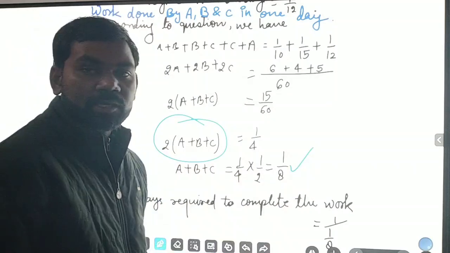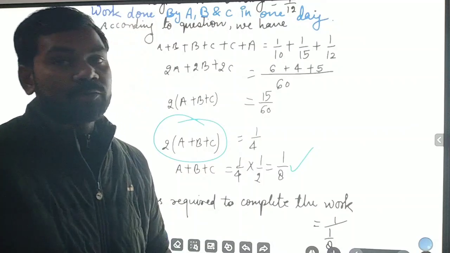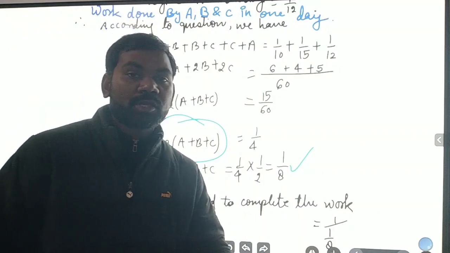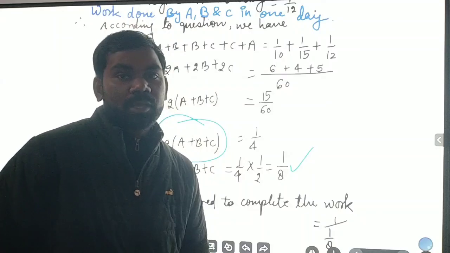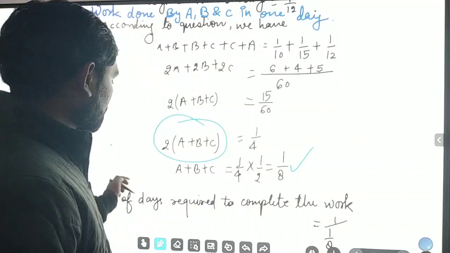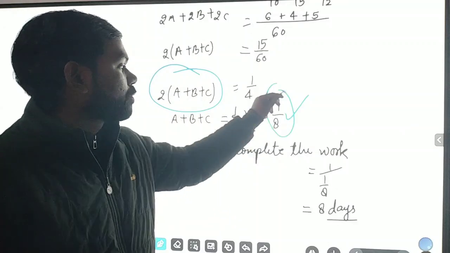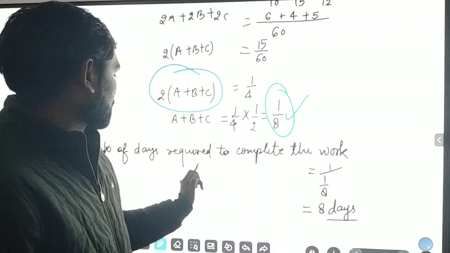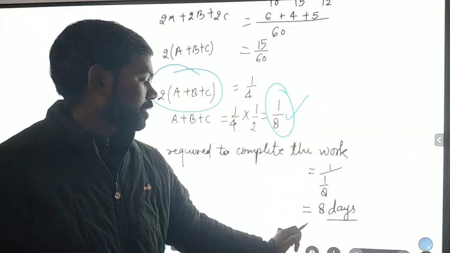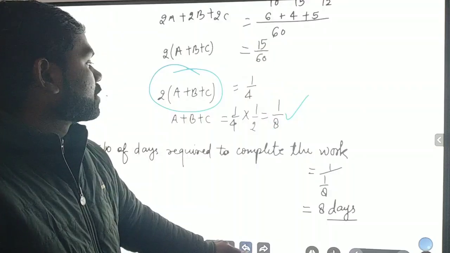This 1 by 8 represents work done by A, B and C in one day. Since we have to find out the number of days required to complete the job by A, B and C, we write the reciprocal of the fraction, that is the work done by A, B and C in one day. We get number of days required to complete the work is equal to 8 days. So this is the solution.